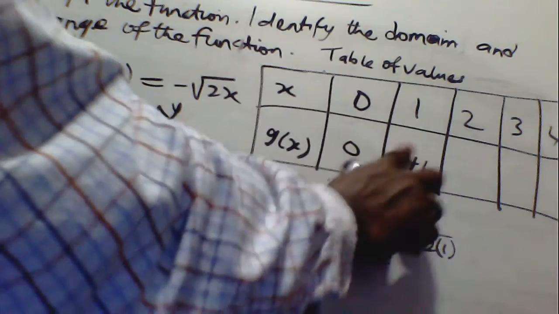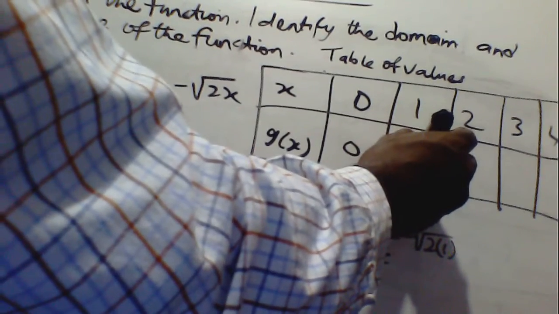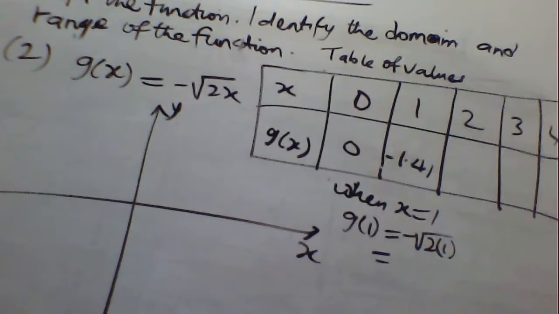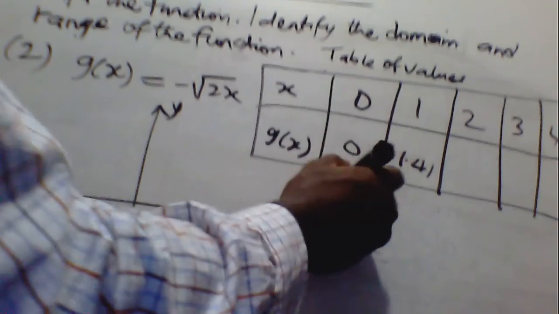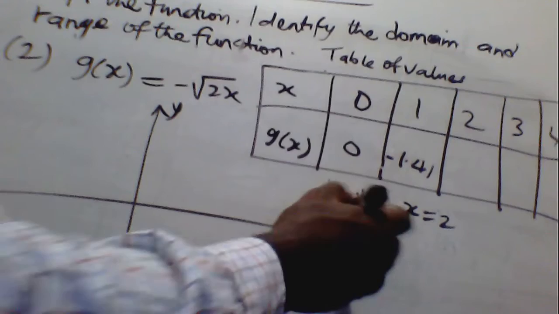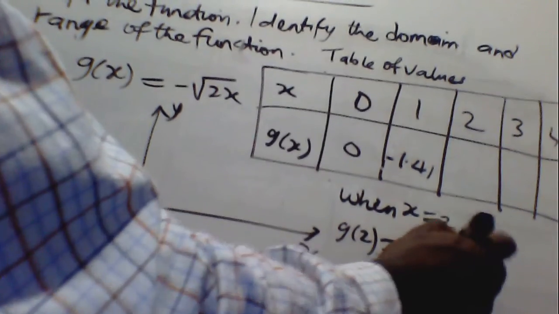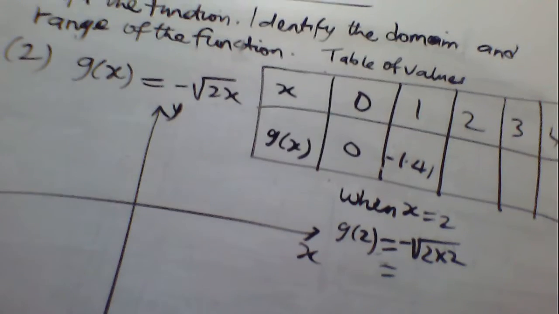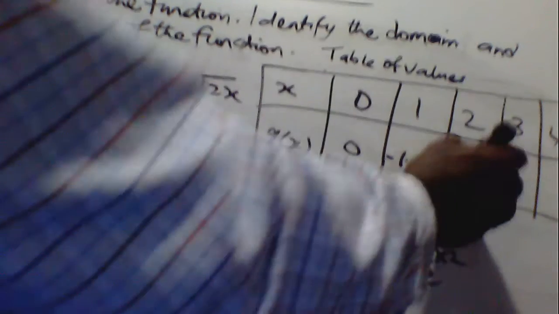Mind you, there is a negative, so negative 1.41. When x is 2, g of 2 is minus the square root of 2 times 2. That gives us 4. So use your calculator to check negative the square root of 4. That will give us minus 2.